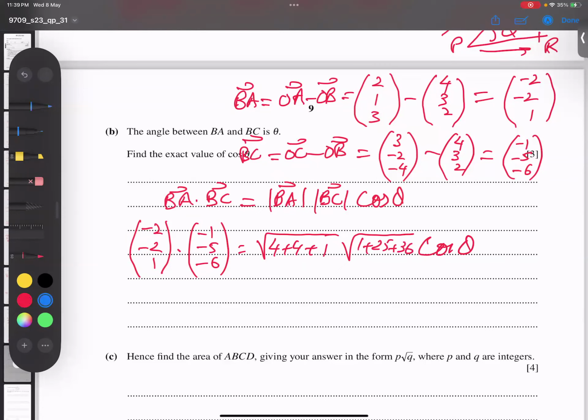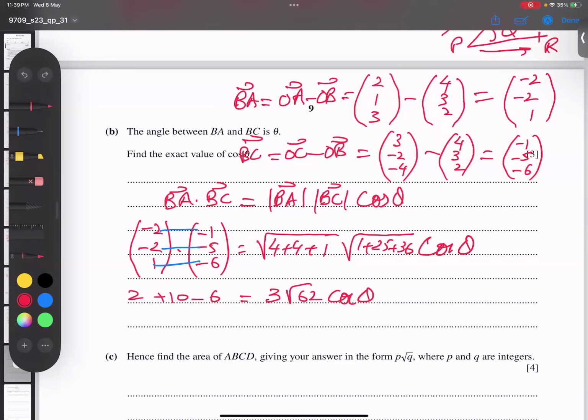In dot product, the corresponding values multiply directly. And I get what? I get a 2 from here, and I get 10 from here, and I get a -6. The root of 9 comes 3. And here, let me check it. 36 plus 25 plus 1, I got root 62. And here I got 12, I got a 6.